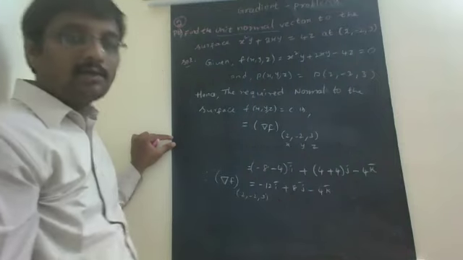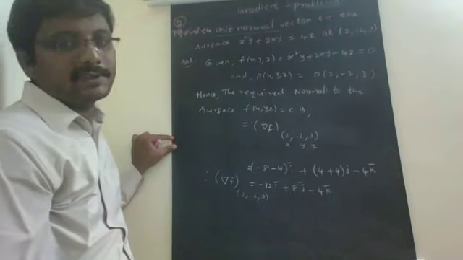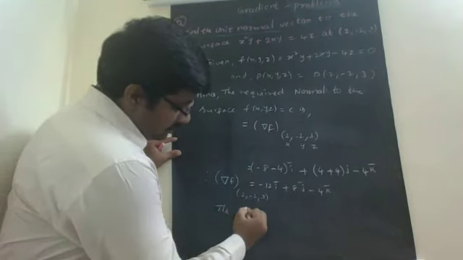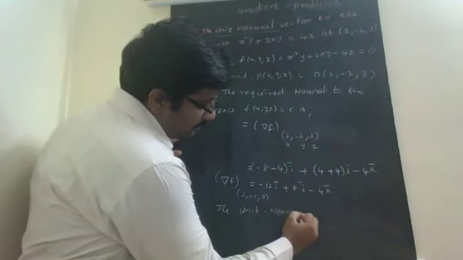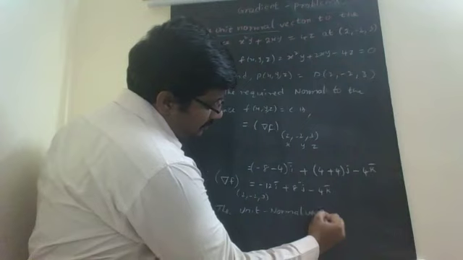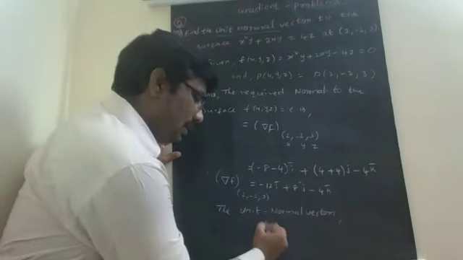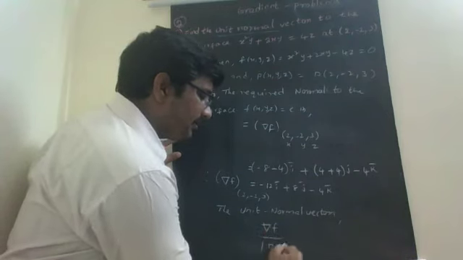But here we have to find out the unit normal vector to the surface. So the required unit normal vector. But what is the unit normal vector? Del f upon modulus of del f.